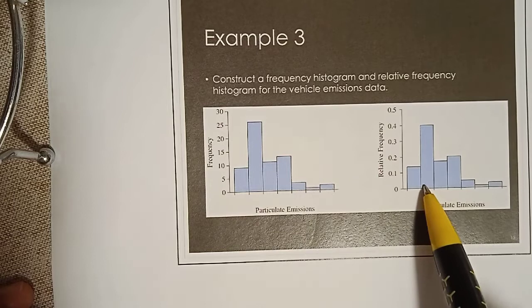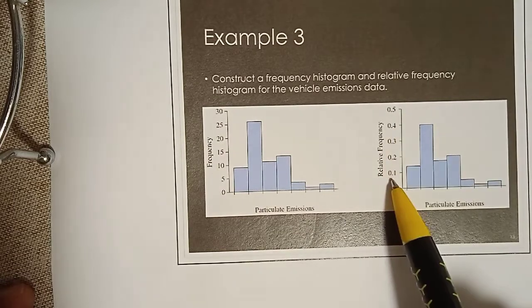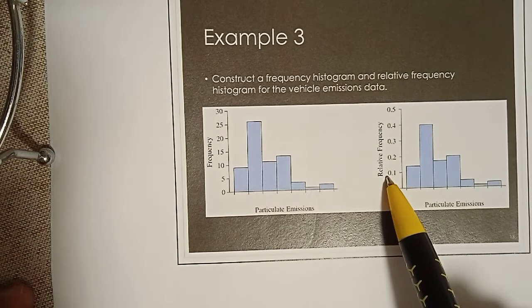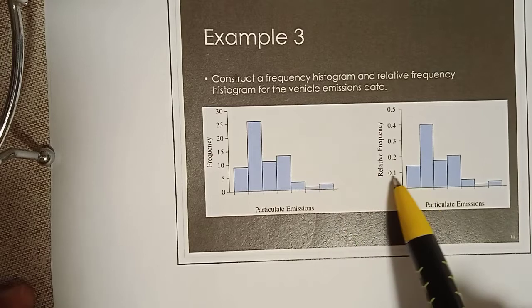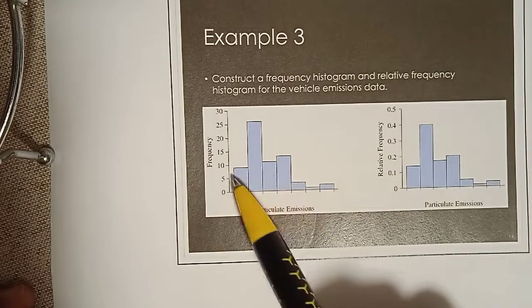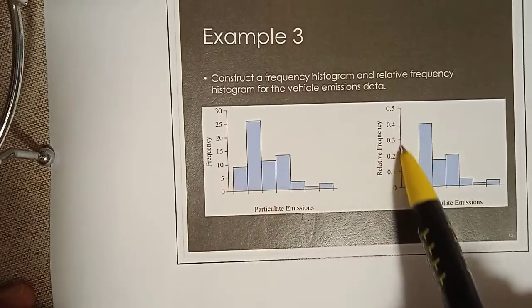And this is the histogram where the y-axis represents relative frequency. So the data is about the same, except the scale or unit on the y-axis is different.